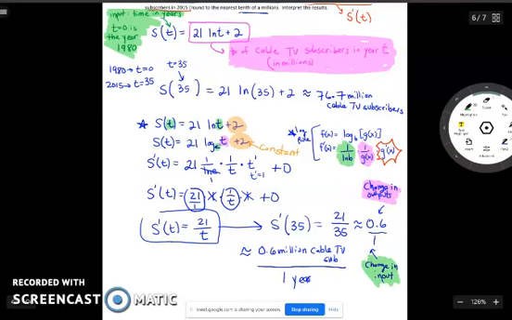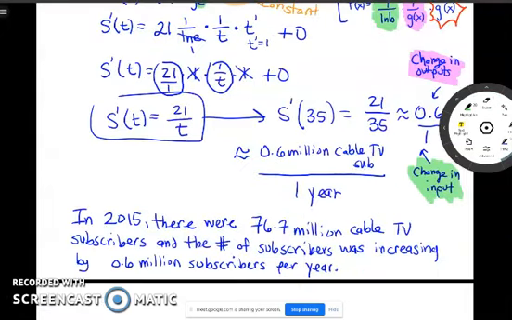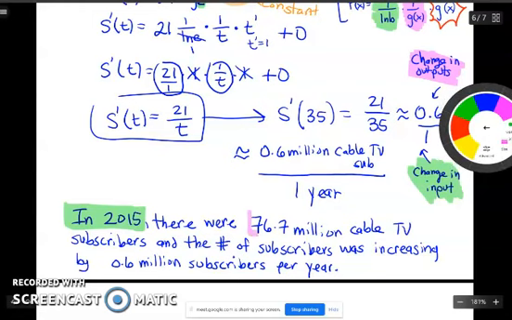So when I go to write this out in words, this is what it'll look like. Okay, here's my interpretation. In 2015, that was my input for both the original function and the derivative. There were 76.7 million cable TV subscribers. That was the output of my original function.